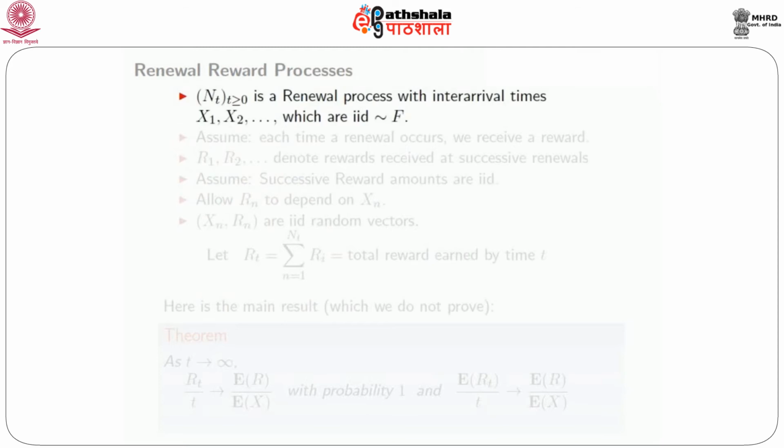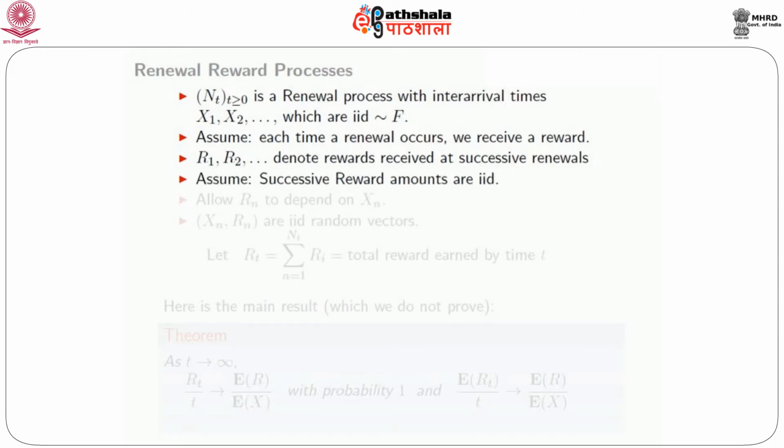So we have the usual renewal process with interarrival times X1, X2, etc., which are IID. Now where do the rewards come in? Assume that each time a renewal occurs, we receive a reward. So let R1, R2, etc. denote the rewards received at successive renewals. They are random. Assume that the successive reward amounts are IID, but we allow Rn to depend on Xn.